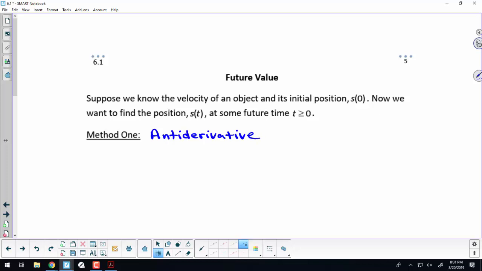All right, so what we know is the initial position, S of 0, and we want to find the future value. We want to find S of t for any time greater than or equal to the initial. Okay, so what are we going to start with? If we know the velocity and the initial position, how do I get back the position function from that?